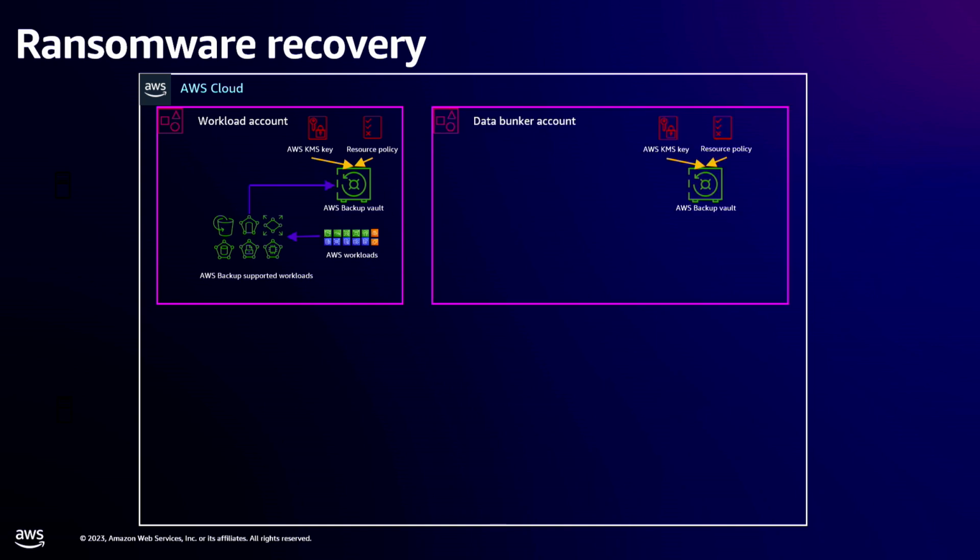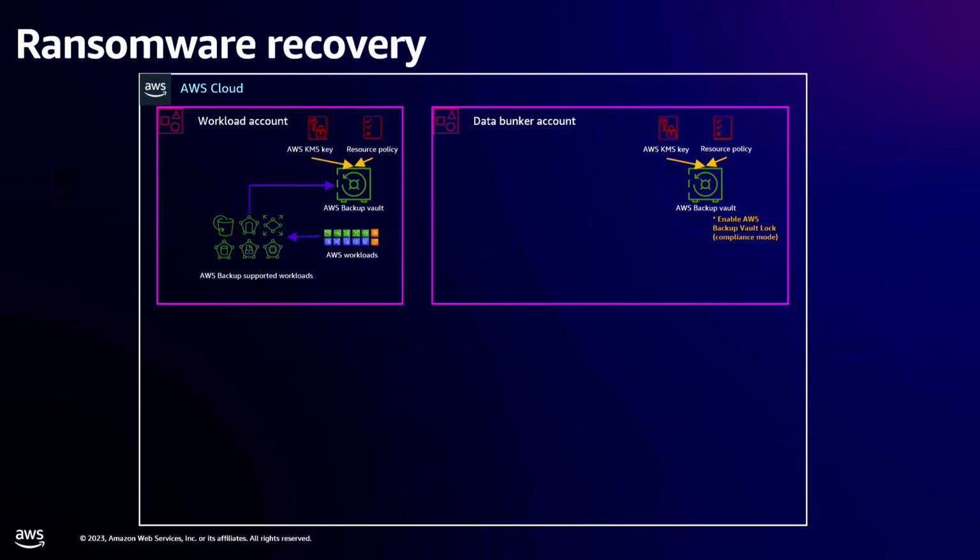So for that, we'll open up a data bunker account. A different account with a different set of KMS keys. We'll define another AWS Backup vault, but will enable the backup vault lock in compliance mode. And that means that no one can delete snapshots. The key risk is that someone will encrypt my data, but if they have access to that account, they might turn off backup, they might delete the snapshots. That's the key risk.